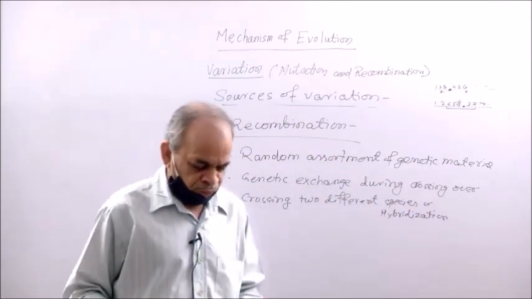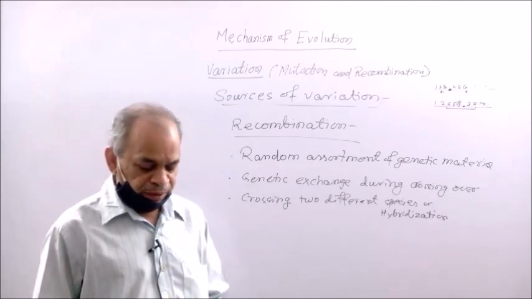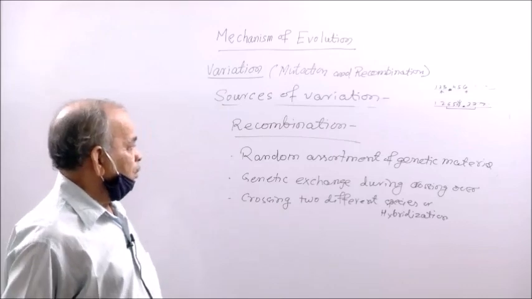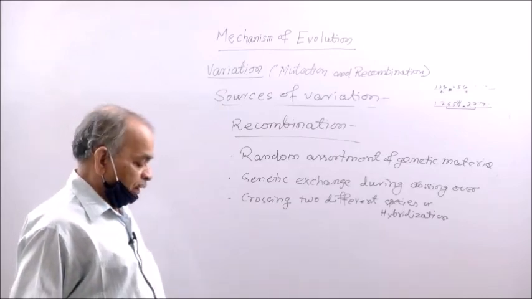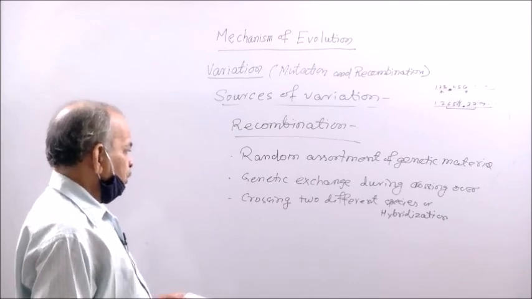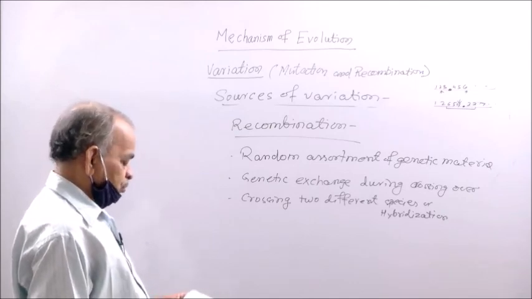So, recombination of genetic materials can arise by 3 ways. These are random assortment of genetic material, then genetic exchange during crossing over, then crossing two different species or hybridization.